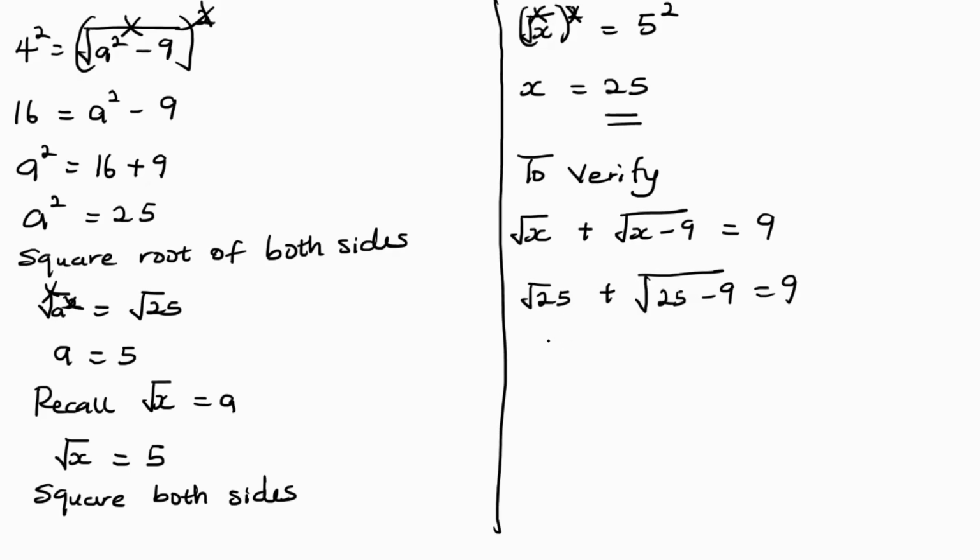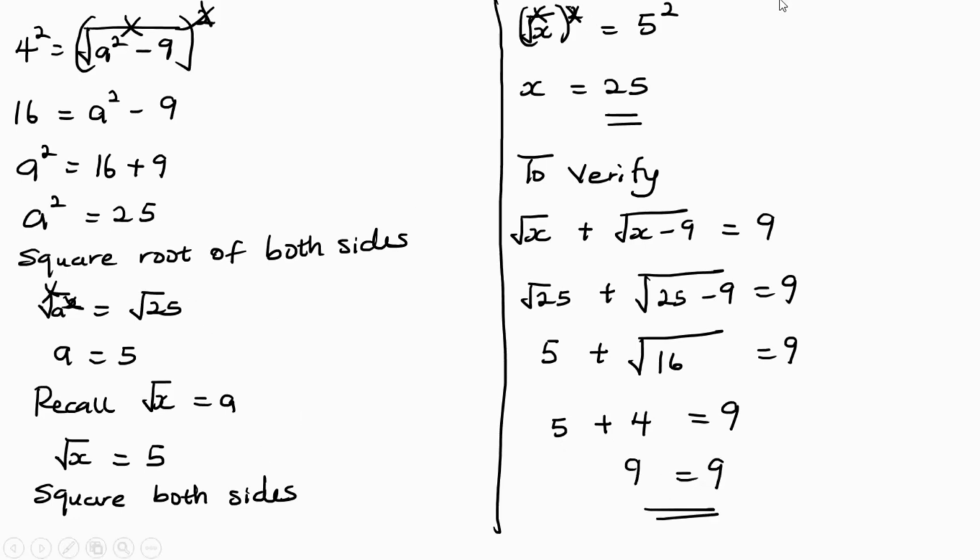The root of 25 is 5, plus the root of 25 minus 9, which gives us 16. So 5 plus the root of 16, which is 4, is equal to 9. So 5 plus 4 is 9, which is equal to 9. This shows that x equals 25 is the correct value for x.